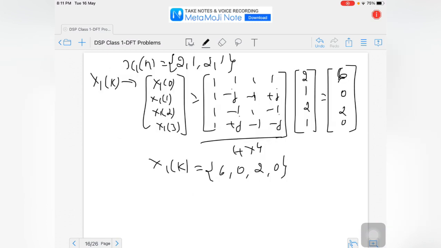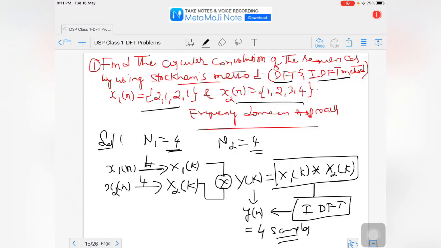Now observe, for x1 of n I calculated x1 of k, and for x2 of n I calculated x2 of k. Now what is my y of k? Y of k is x1 of k into x2 of k.